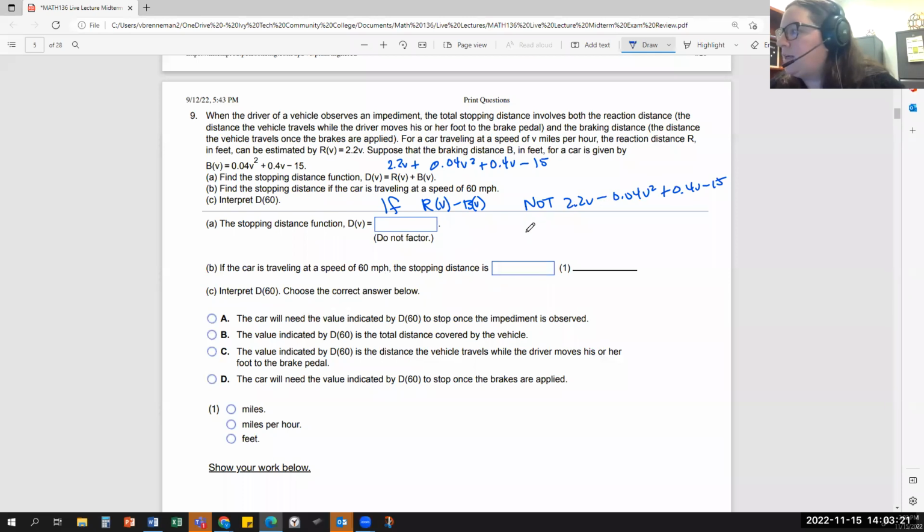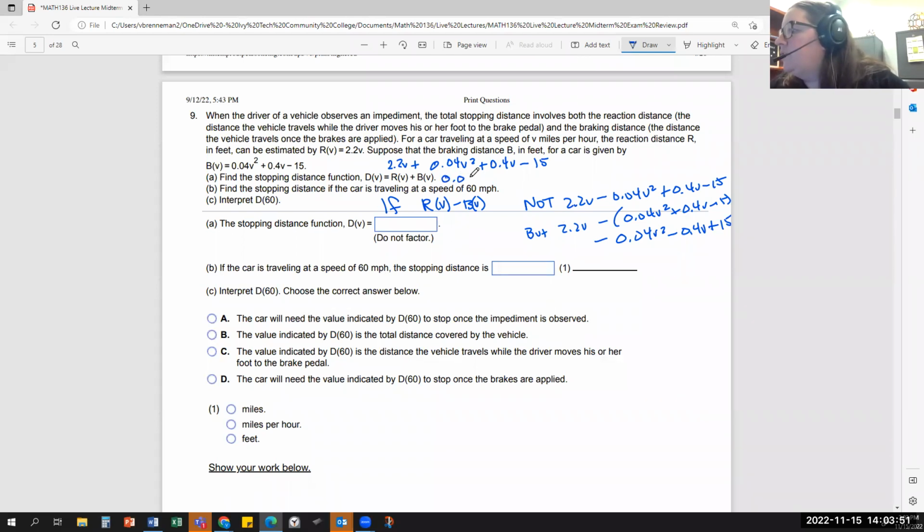You would have to subtract the whole thing being subtracted. And so it would be minus 0.04 V squared minus 0.4 V plus 15. So changing signs on all of those pieces. So just watch for that. This one happens to be addition, so it is a little less tricky than if it's subtraction.